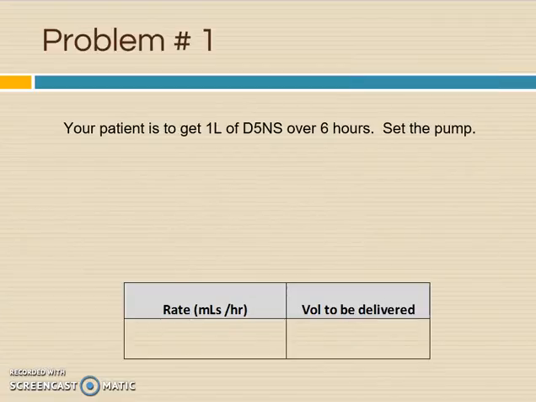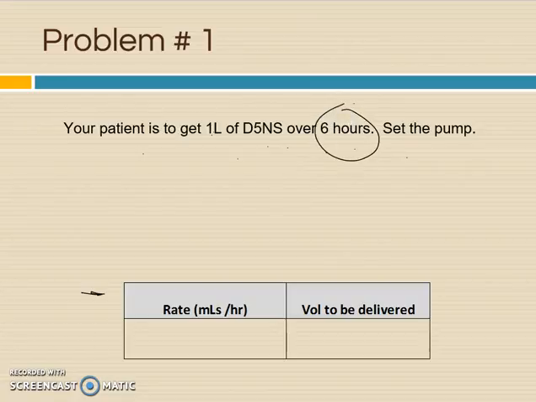Okay, so here we have problem number 1. The patient is to get 1 liter of D5 normal saline over 6 hours. Set the pump. Now remember, 1 liter is 1,000 milliliters, and this pump only deals in milliliters. This also is hours, not minutes, so that's good.